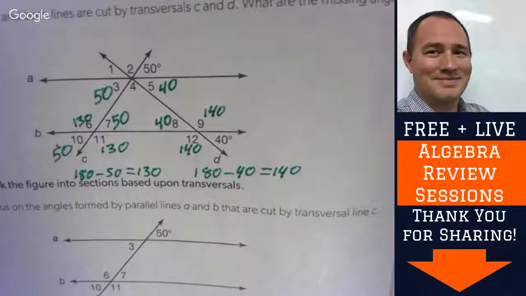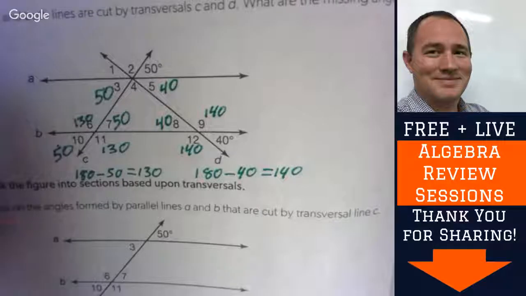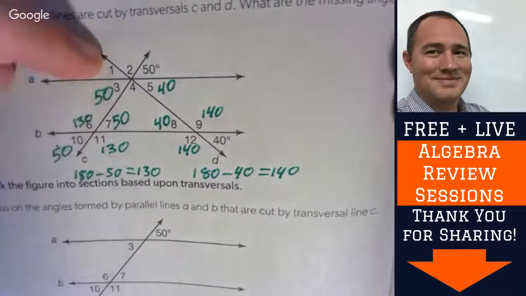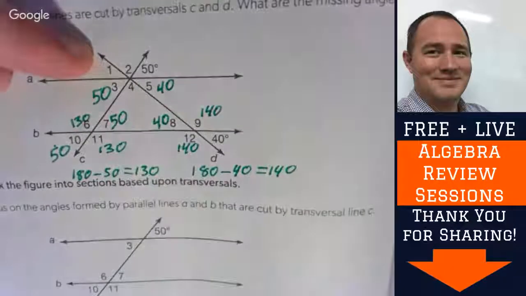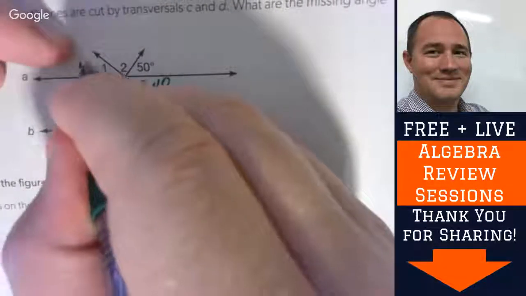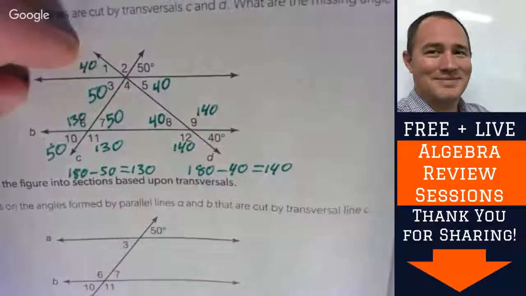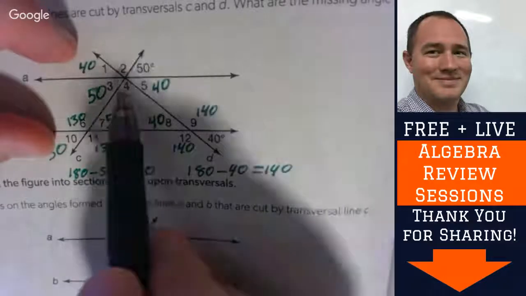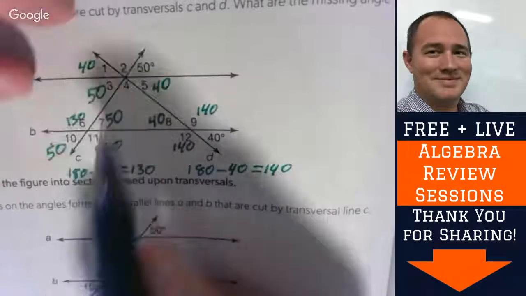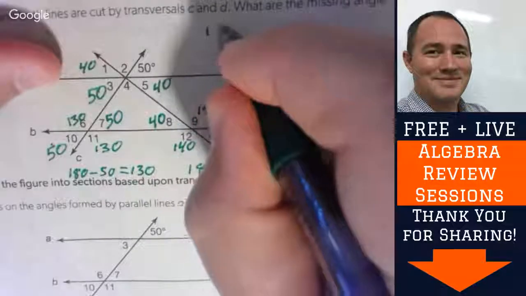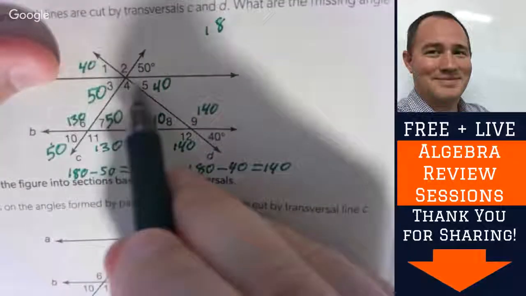What else do we have? How about up here? 5 and 1 are vertical angles. So 1 is also going to be 40 degrees. And we can find 2 by doing 180, because this is a straight line here.